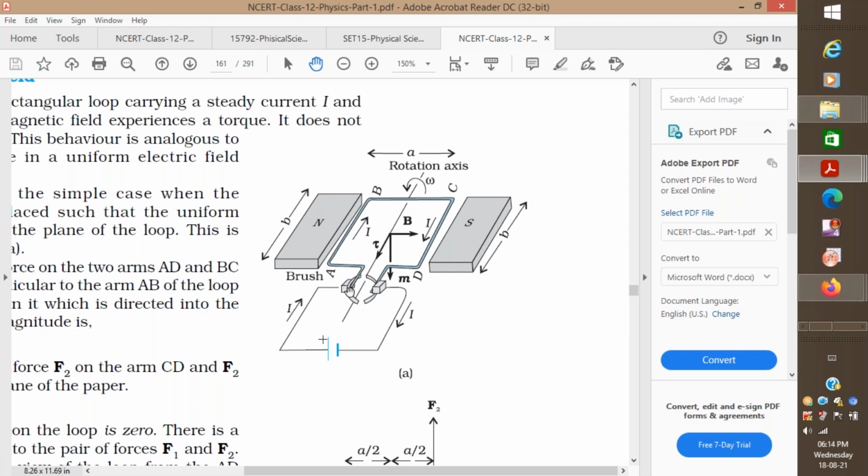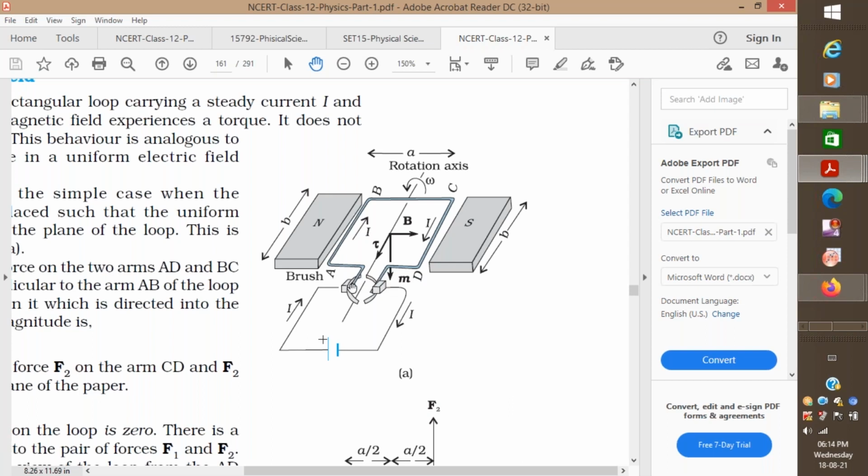If you look at this figure properly, I have a rectangular loop over here, A, B, C, D, and A. And there are two semicircular arcs like that. These are called slip rings, which you might have already learned in your previous class.